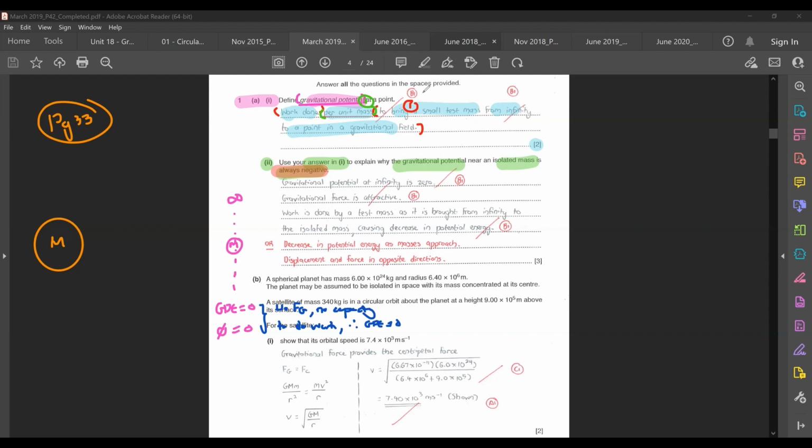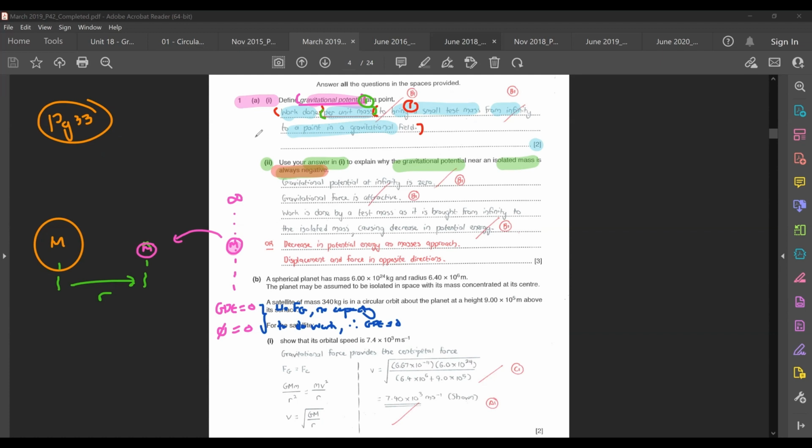Now if you are interested at a particular point inside your gravitational field, let's just say at this point, which is a distance r from your main mass, consider this: you want to bring that test mass from infinity all the way to this point here.